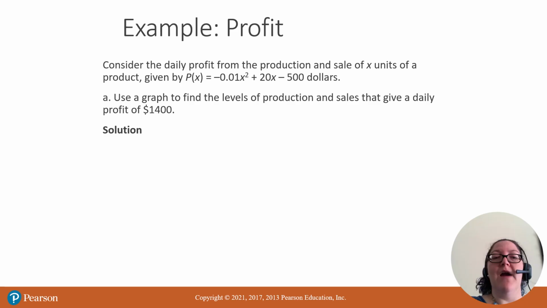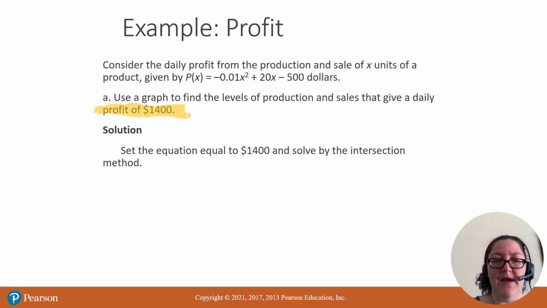Now we're going to use the graph to find the levels of production of sales that give a daily profit of 1,400. Now again, I'm kind of telling you what method to use, but what I'm noticing is when the profit equals 1,400.